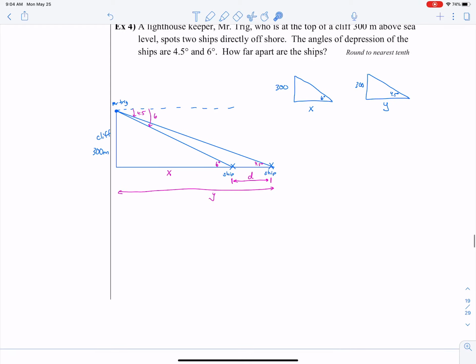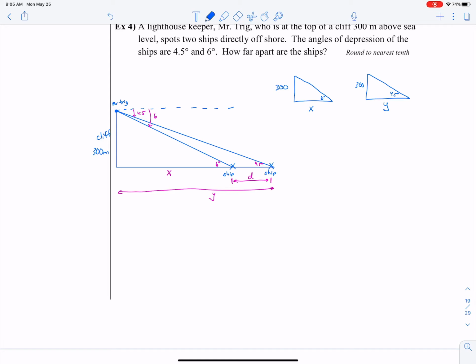Okay, so these are our two triangles. And what we're going to do is figure out both lengths, and then take y, subtract x from it. So basically, then it'll just give us this little piece. If we take all of y and subtract x, we're just left with this distance, and that'll be our final answer. Okay, but first we have to consider each of these two triangles separately.